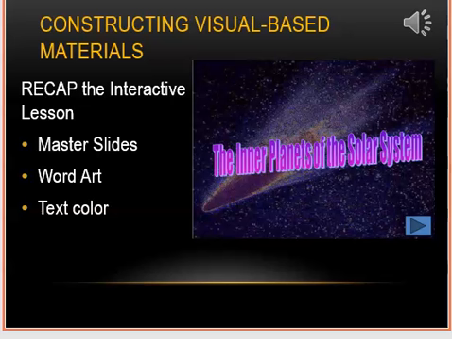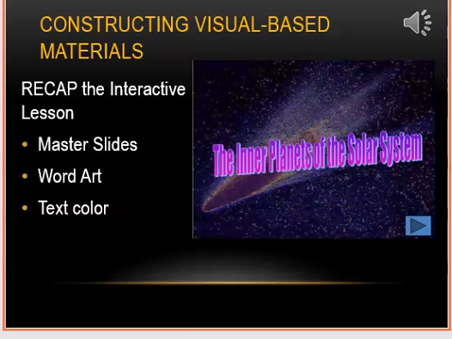Before we end the presentation, I want to recap the features that we looked at, and then we're going to take a quick look at the components of the interactive lesson. And make sure you have them all for your own development of your own interactive lesson. We'll begin by looking at slide 18 in our interactive lesson, the inner planets of the solar system, just as a way of recapping that we looked at how to create your own master slide.